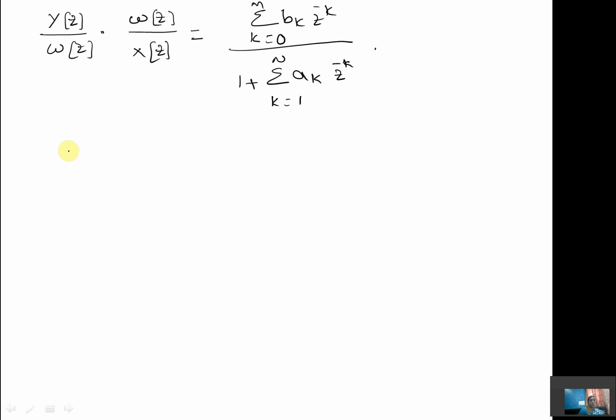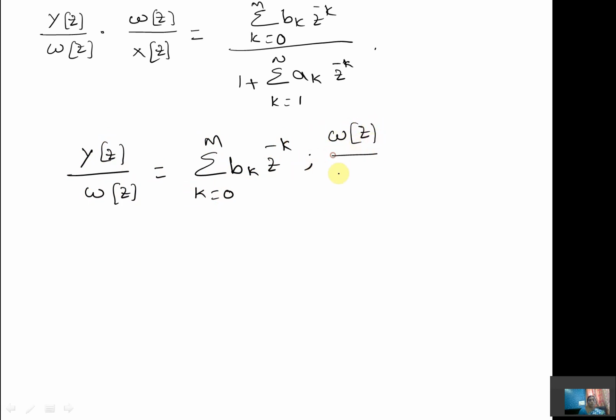So now let us consider: y of z by w of z is nothing but the numerator polynomial, that is summation k 0 to m bk z power minus k.